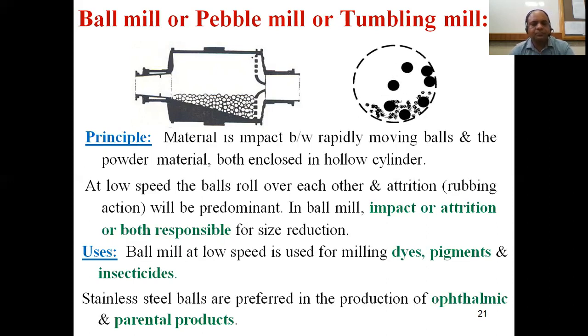Now uses. Ball mill at low speed is used for milling dyes, pigment and insecticides. Ball mill is used for milling dyes, pigment and insecticides.